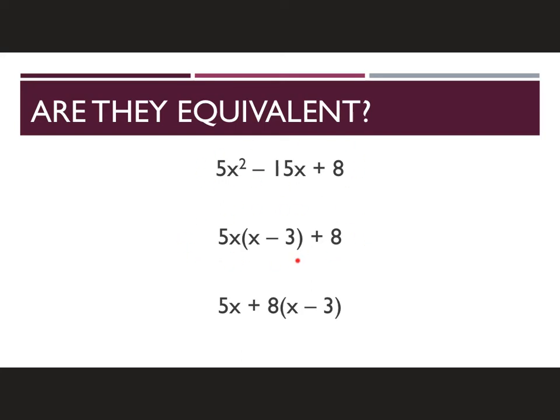So let's look at what the difference is. Well, when I look here, I see the difference is that they seem to have factored out the 5. So they pulled out the 5 and the x, right? So if I do 5x squared divided by 5x, I get x minus 3. And then they just brought down the rest, the plus 8. So these two are equivalent.